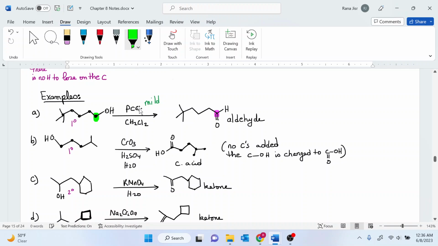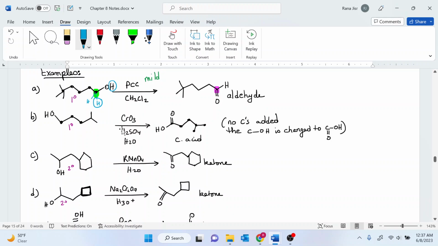I'm using a mild oxidizing agent, so I know that my product is going to be an aldehyde and not a carboxylic acid. So all you need to do is lose two hydrogens. I have two hydrogens here, so you're going to lose a hydrogen here and the hydrogen there, and simply make your carbonyl. So you're going to end up having a carbonyl and the hydrogen, and this is going to be the aldehyde. Notice that I have the same number of carbons here, same number of carbons there.